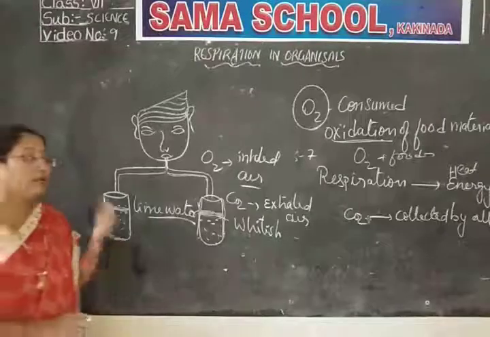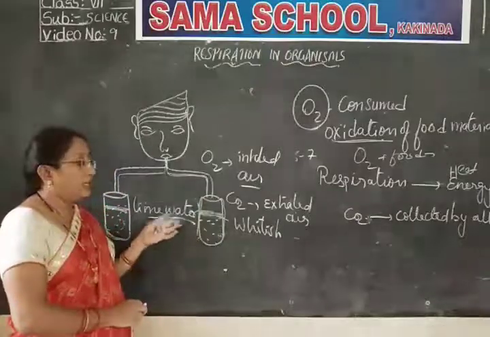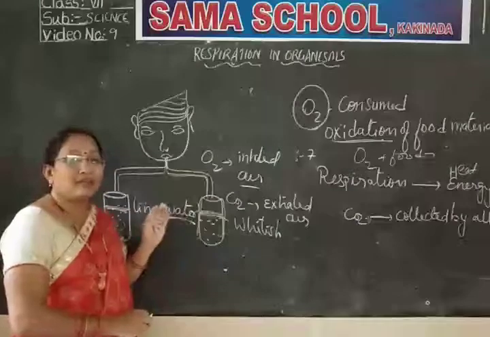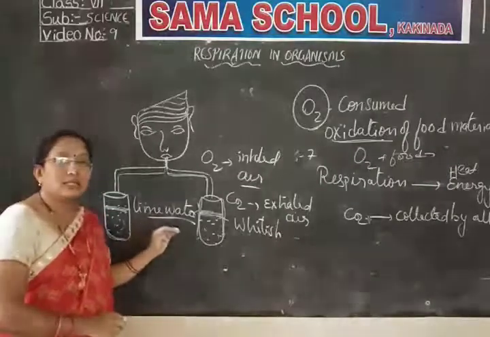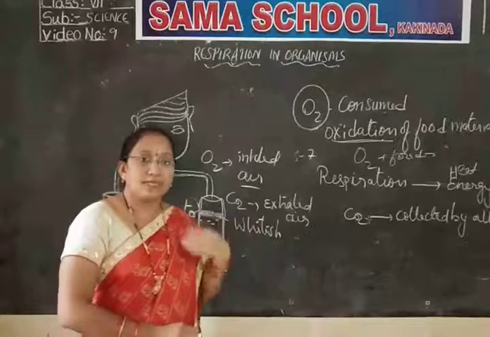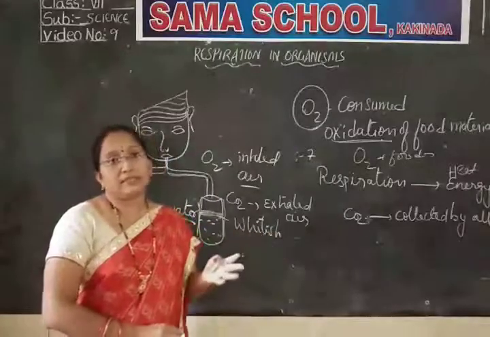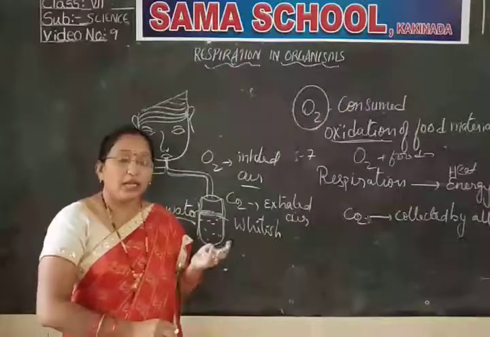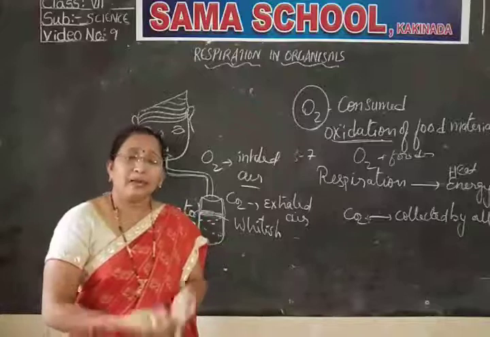Okay. Now, so that you proved that both carbon dioxide and oxygen are helpful in our breathing. So by this, we understood that these are the two important gases which help us to breathe. If we breathe, we can be alive, isn't it? Now, how do we take a breath?